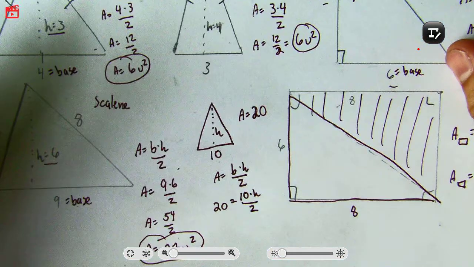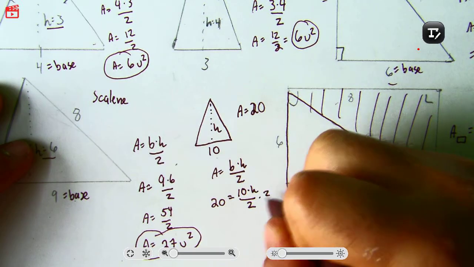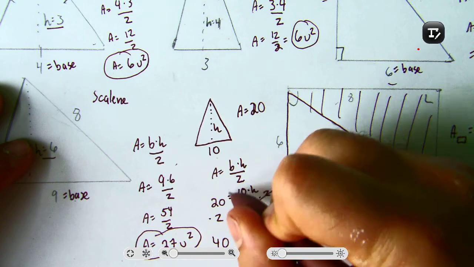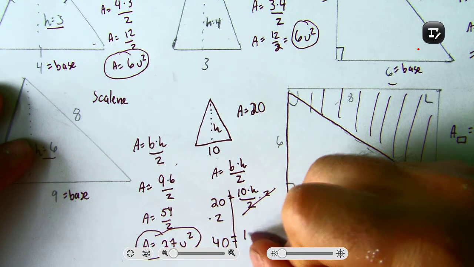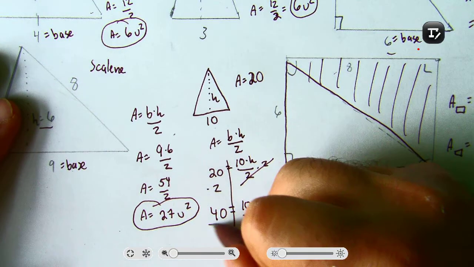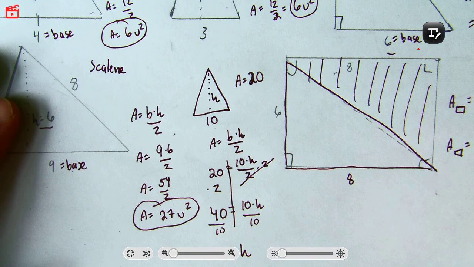Now, this is now a two-step equation. I could undo by multiplying by 2. That crossed out becomes 1 times 2. So I have 40 equals 10 times h. I could then divide by 10, divide by 10. I have 4 on this side, which equals the height.